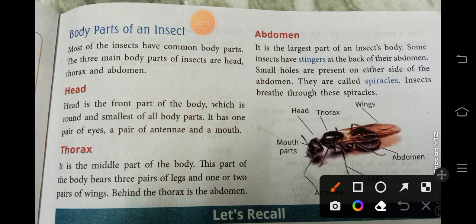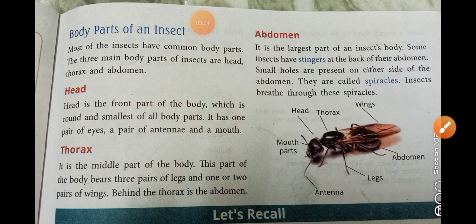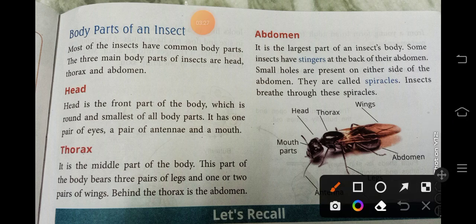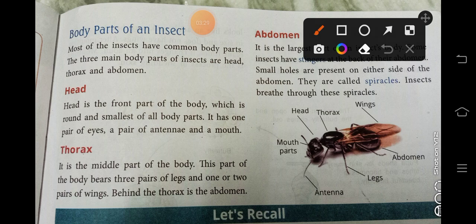It has one pair of eyes, which are not shown here. Eyes will be here. It also has a pair of antennae, here is the antenna, and the mouth part will be here.